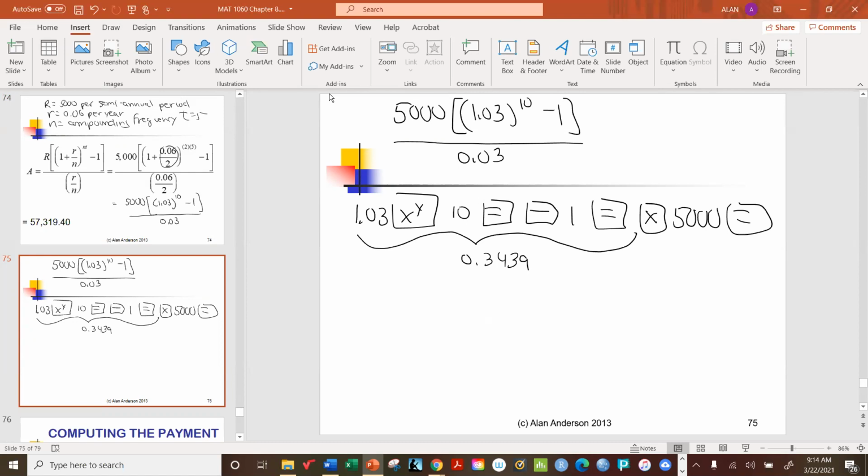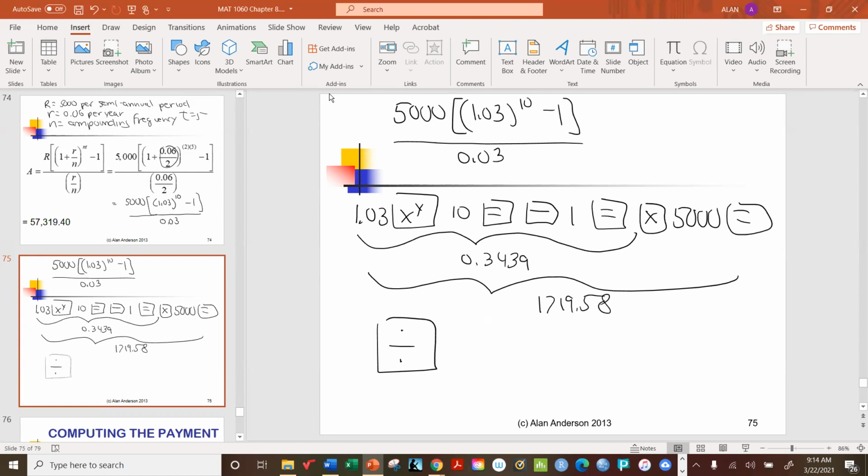That's about 19.58. And now the last step is divided by 0.03, equals, and that's where you're getting your 57,319. And here you can round it to either 39 cents or 40 cents.